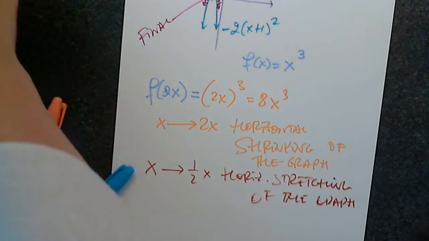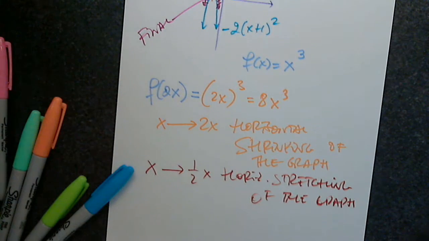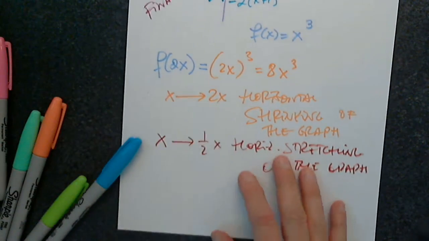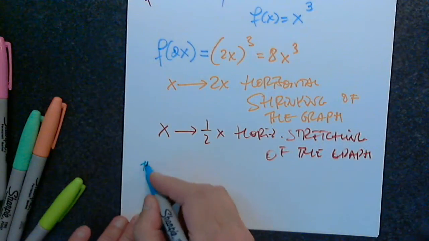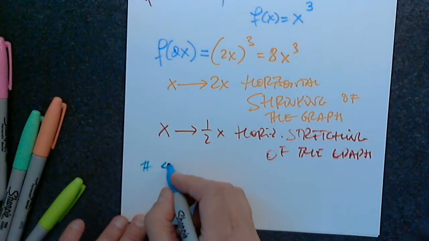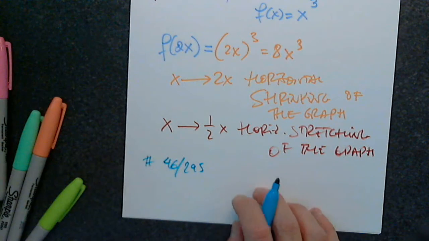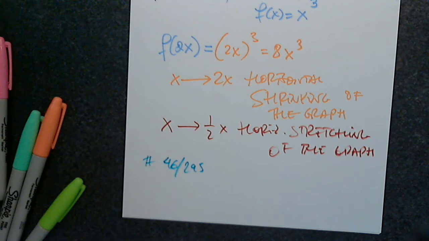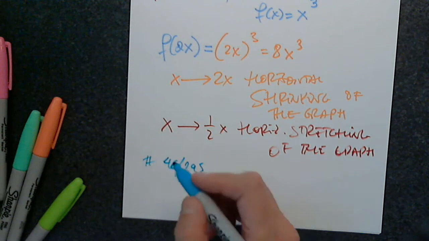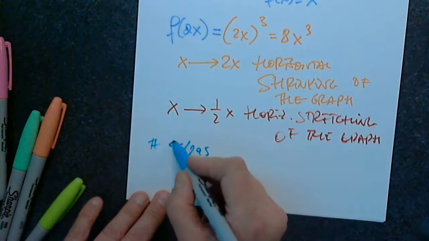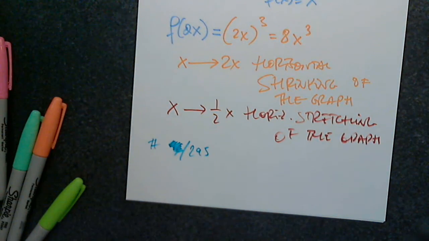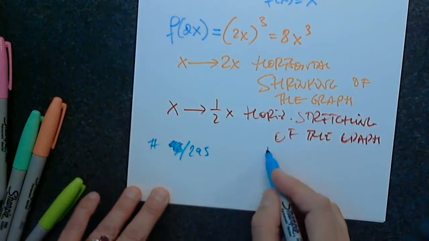It's very easy to copy it. Ready? So this is problem 46 on page 295. It's not 46, I just made it up. I'm copying the graph from page 295.